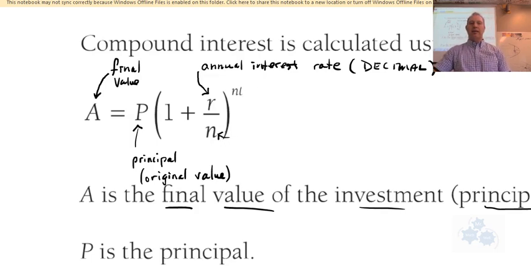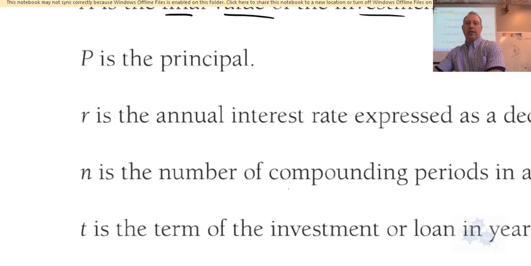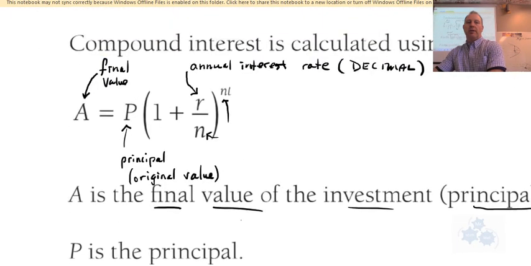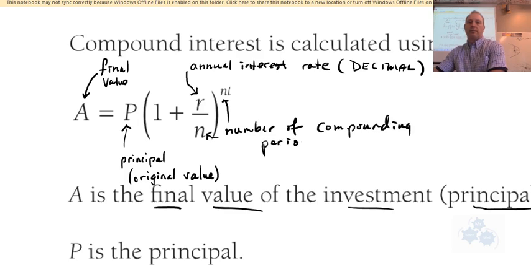You can just look on your paper right there. It's the number of compounding periods in a year. So this formula is one we're going to be using a lot for these questions. As long as you know what everything means, we're going to get some practice using that.